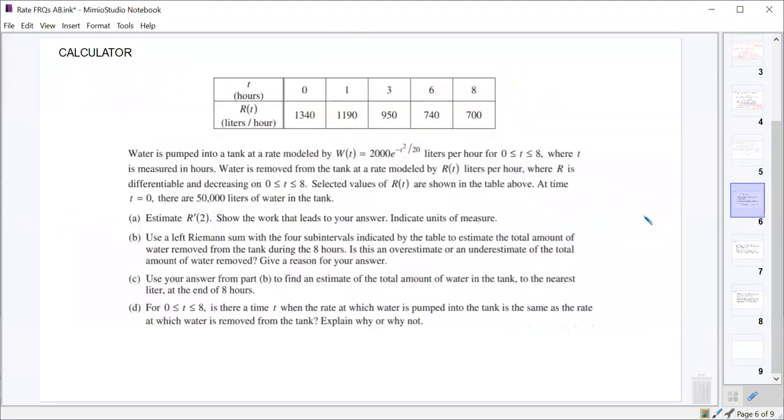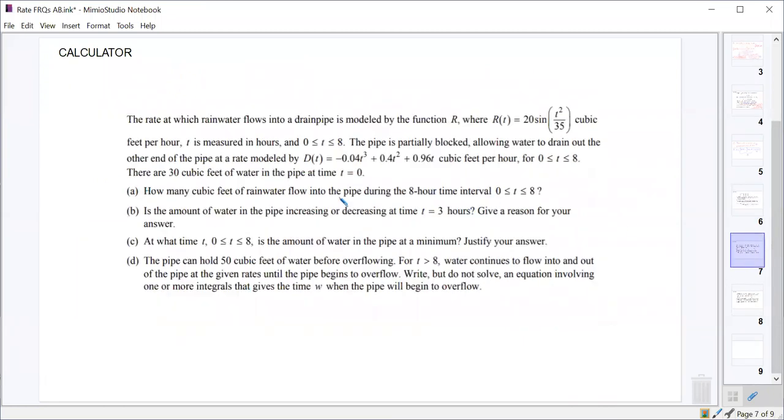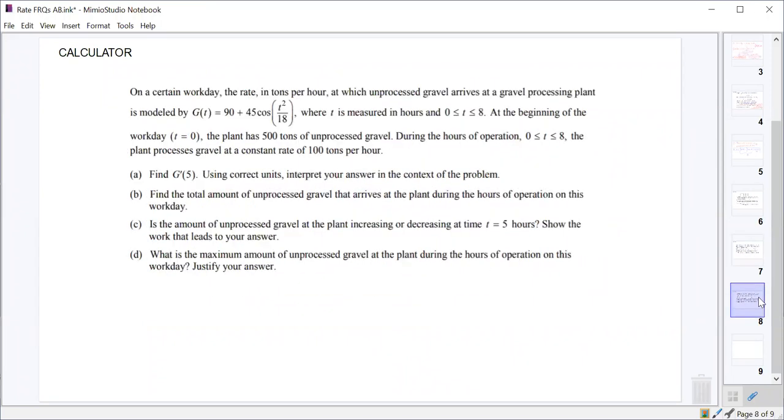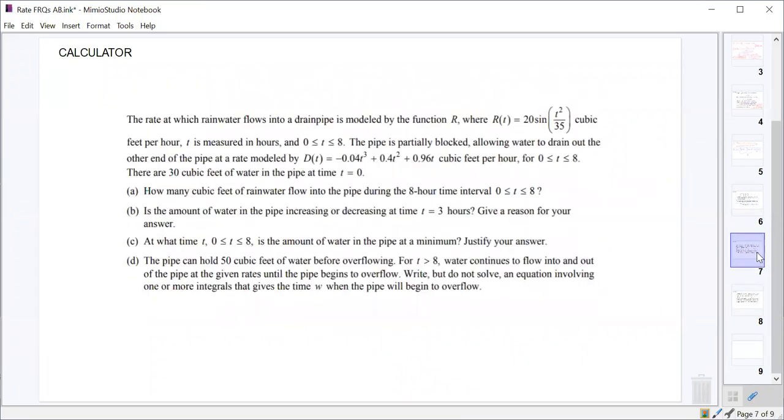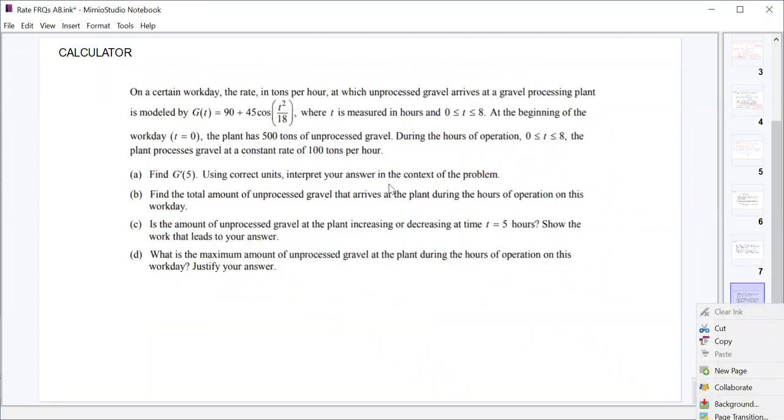One with a nice little chart with a rate, another nice little rate one. There's going to be one about water pumped into a tank, one about rainwater flowing through a drain pipe, and one about gravel being processed at a gravel processing plant.